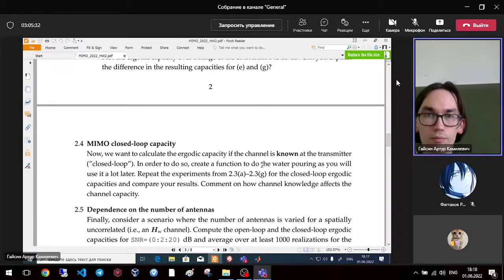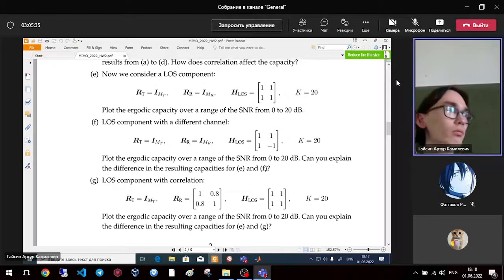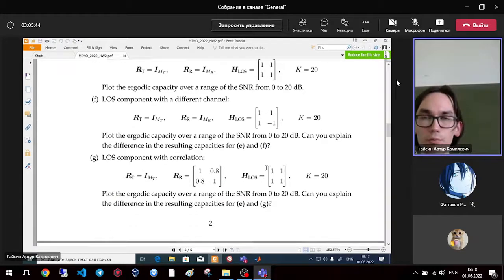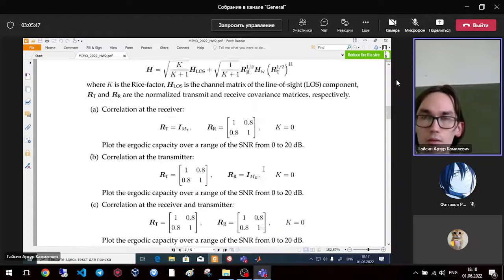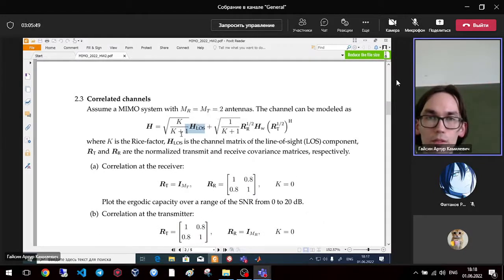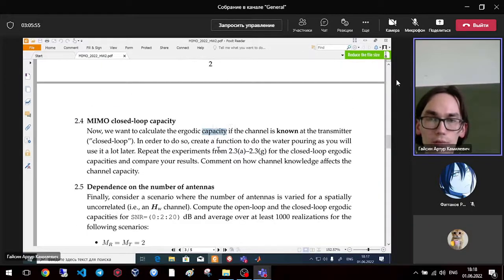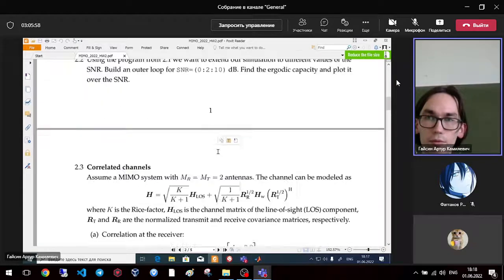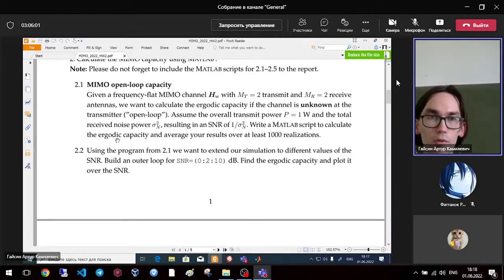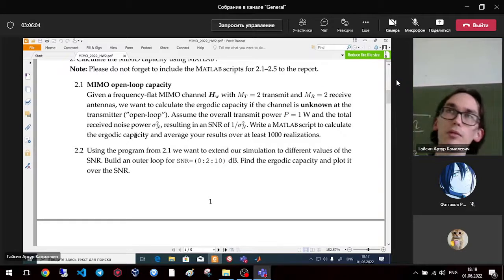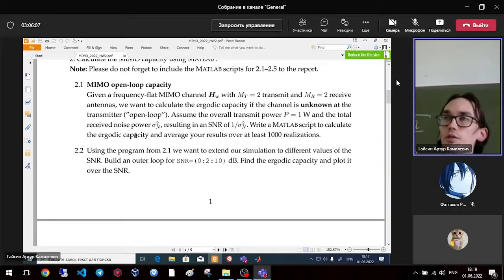And yes, so you need to write approximately 3 functions if we assume this one. So this one first function, this water pouring algorithm second function, and a function for calculating of ergodic capacity. But of course, if you want, you can add additional functions to get maybe better look of your code.